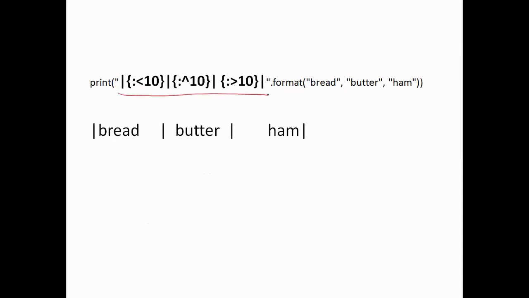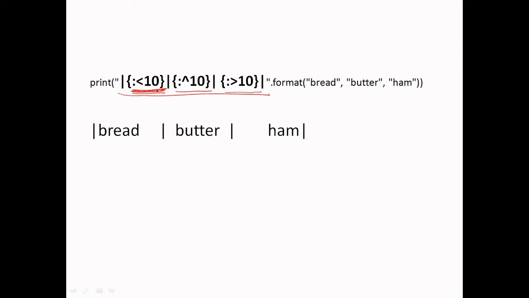Inside this string we have used three curly braces. That means these are the replacement fields, and this colon less than symbol 10 means we want to left justify the string here.